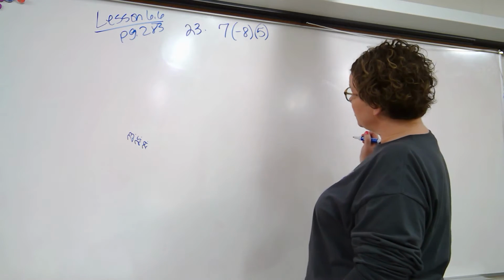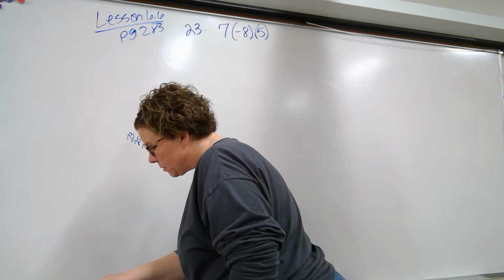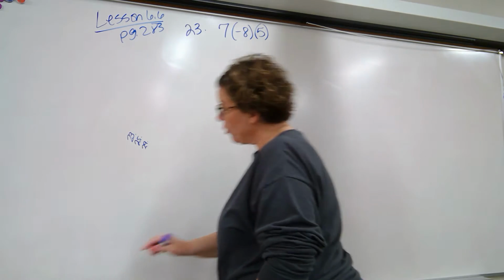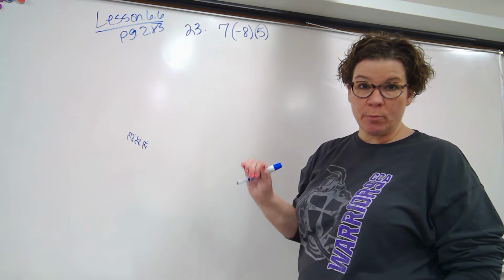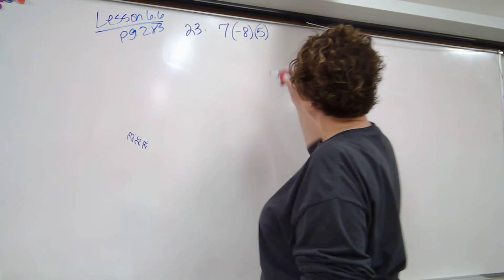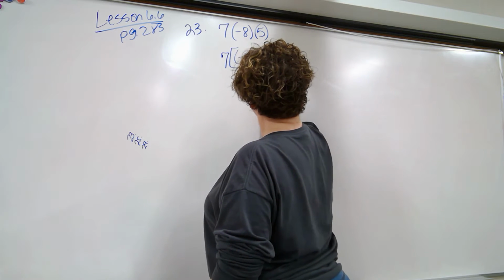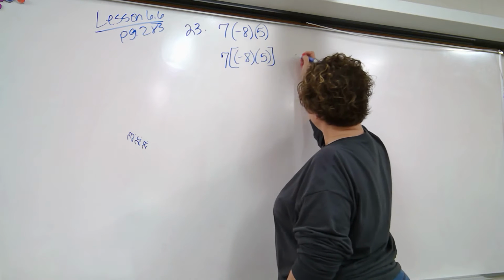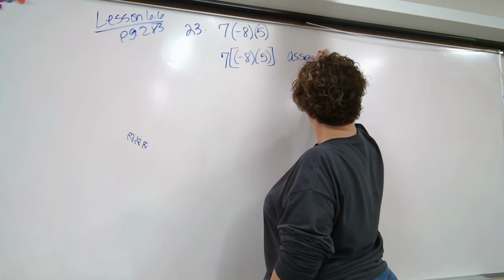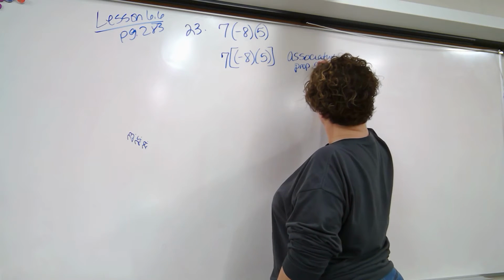I'm going to group together, because we know that grouping symbols go before regular multiplication, the negative 8 times 5, which is the associative property of multiplication.